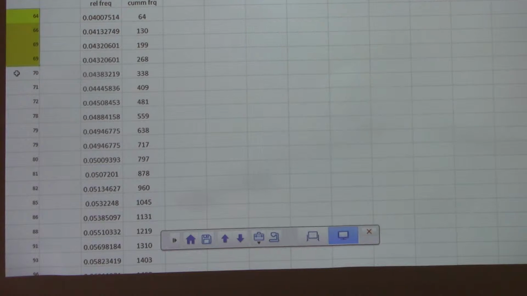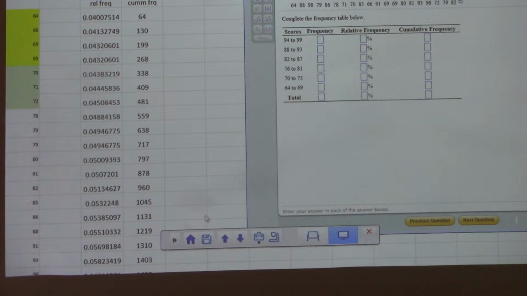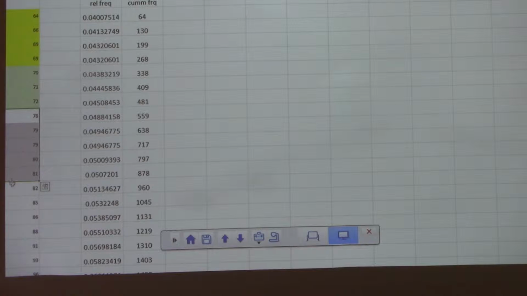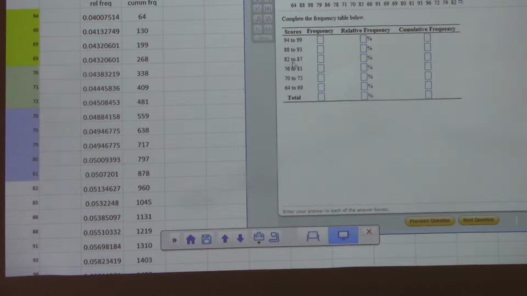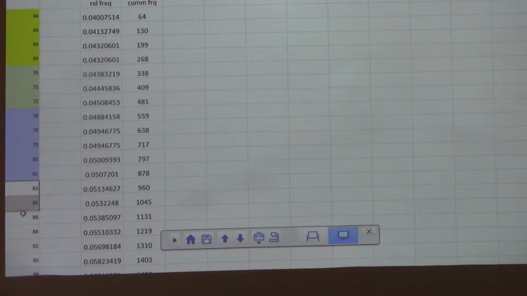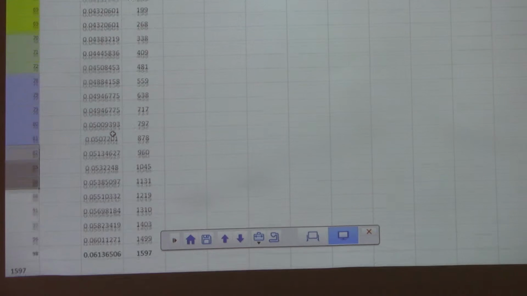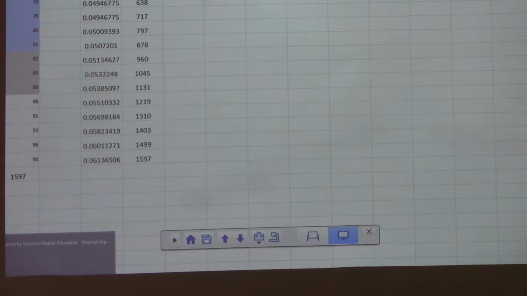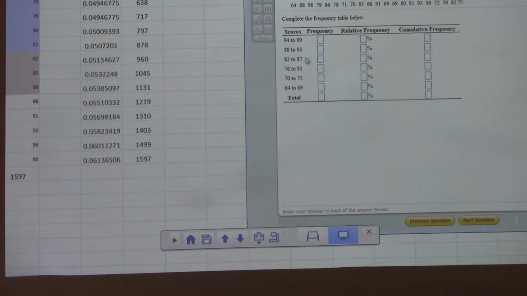70 to 75. 76 to 81. 82 to 87. And the last one should be the last one.